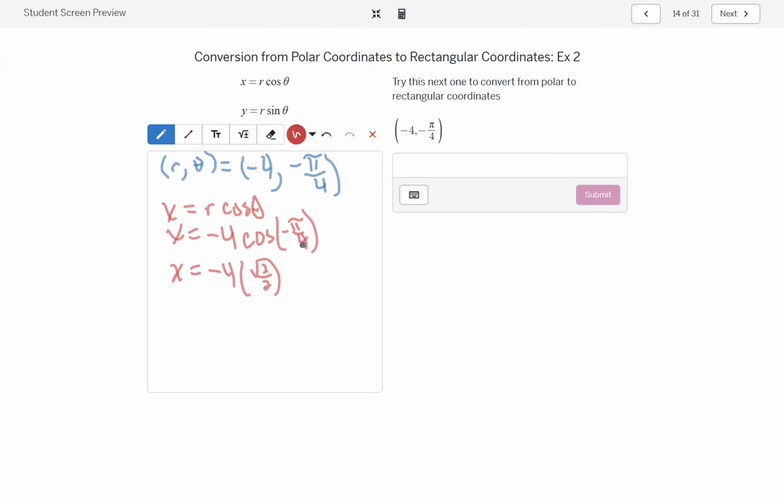If you type in the cosine of negative pi over 4, make sure you're in radians because this is a radian angle. It'll spit out positive 0.707, or it might actually just type positive square root of 2 over 2 for you. But here, we know it's the square root of 2 over 2. It's more a question of, is it positive or is it negative? And you can use the calculator to double check, oh yeah, the cosine of negative pi over 4 is positive. So this gives us an x coordinate of -2 times the square root of 2.